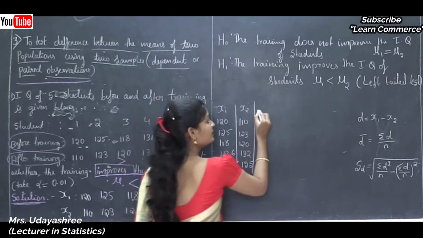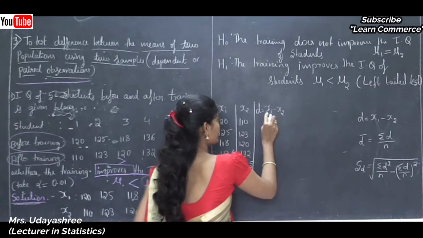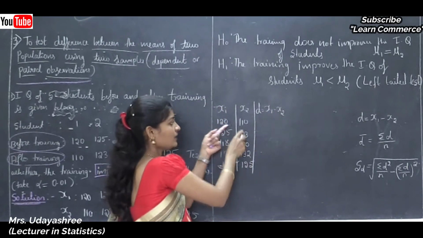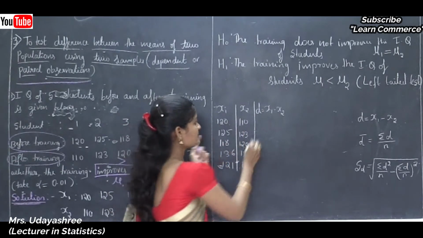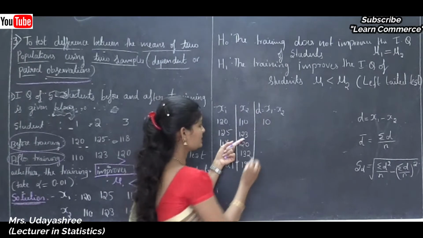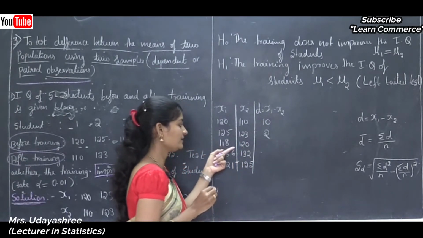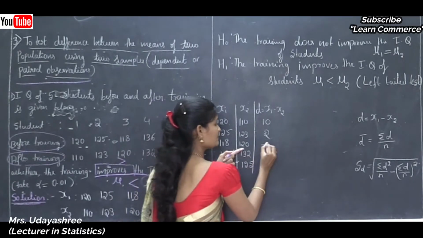Next I will find the difference, that is x1 minus x2. So 120 minus 110 is 10. Then 125 minus 123 is 2. Then 118 minus 120 is minus 2.